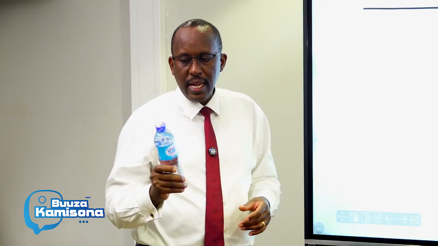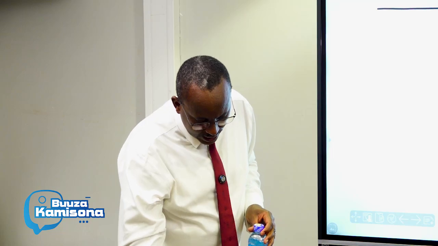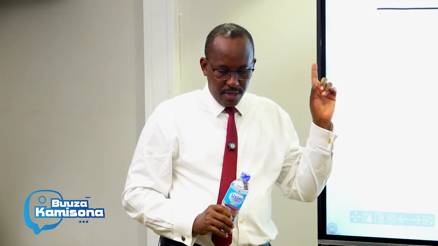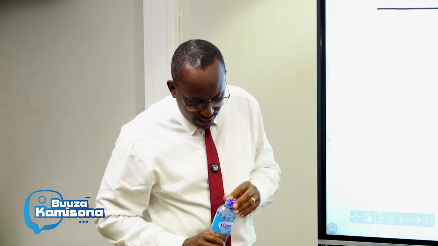And the law says 10% or 50 shillings, whichever is higher. So if the cost of producing this bottle of water is very cheap, and it happens to fall below 10%, then we'll go with 10%. If it is above the 50 shillings per litre, then we'll go with the percentage.